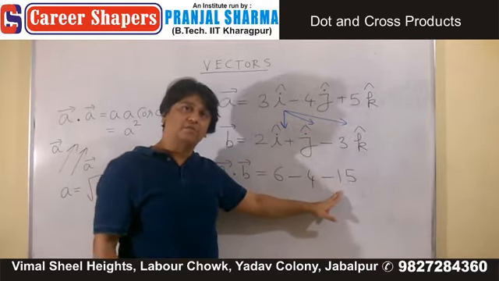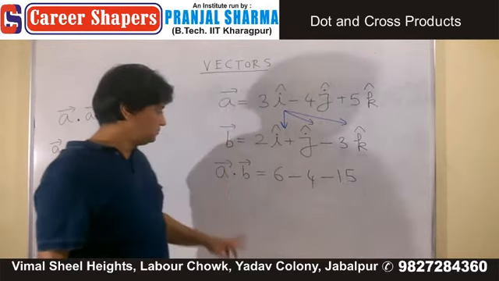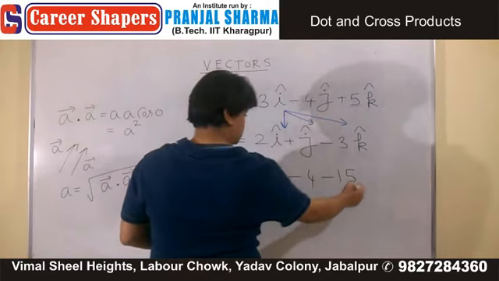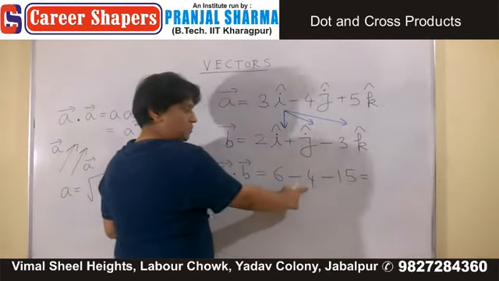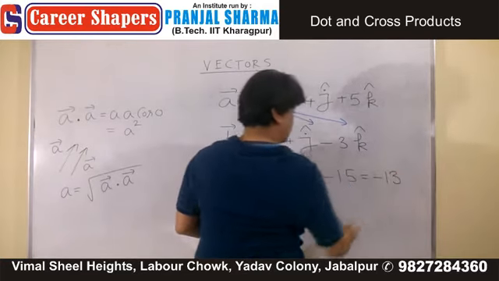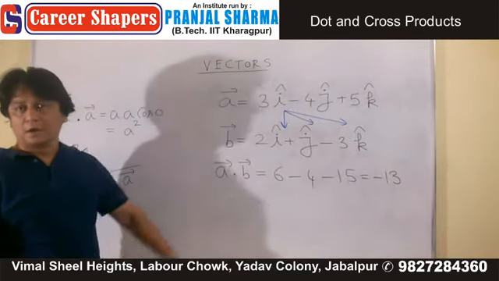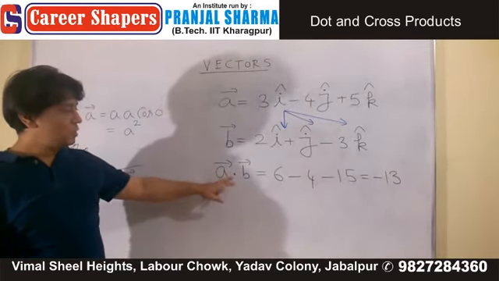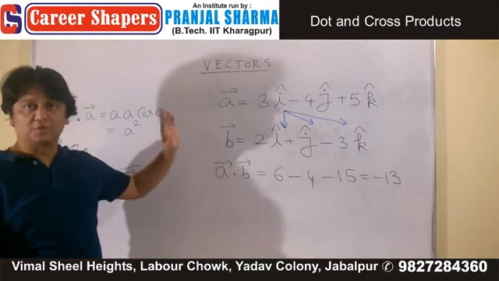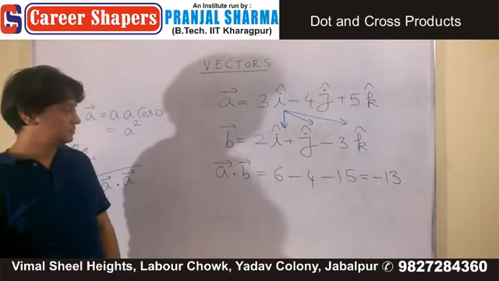That's how we find the dot product. Now what is this? 6 minus 4 minus 2 minus 15 plus 2 is coming minus of 30. We have found the value of the dot product. What is the approach? i with i, j with j and k with k.